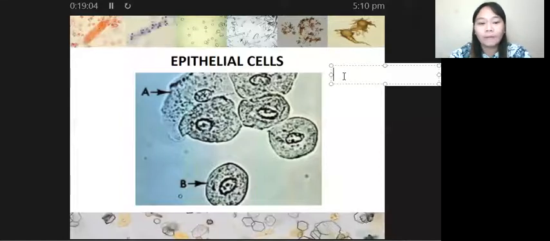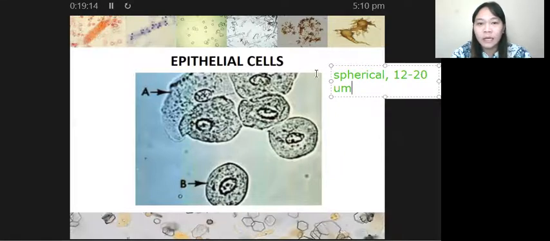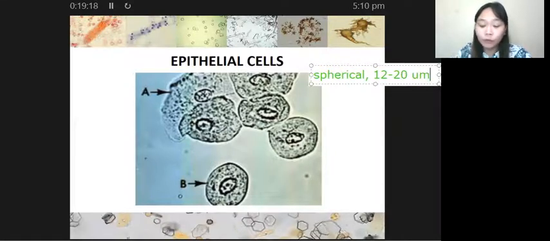Okay, so they are usually spherical in shape with a diameter of 12 to 20 micrometers. So yung spherical natin, yan usually yung kanilang diameter.